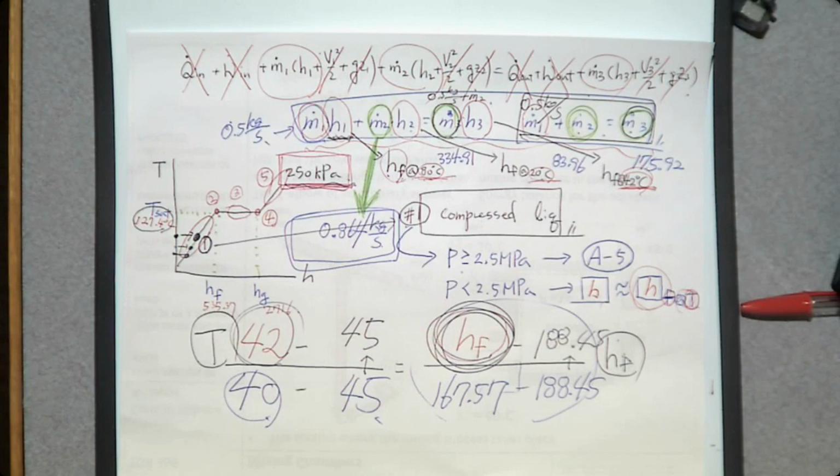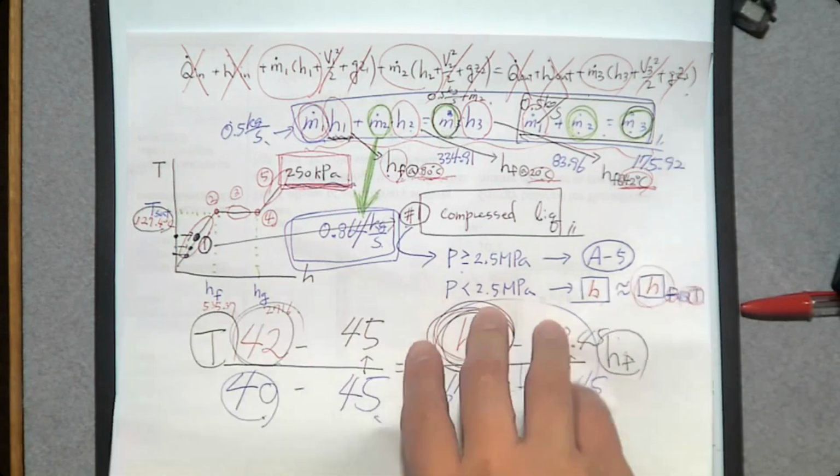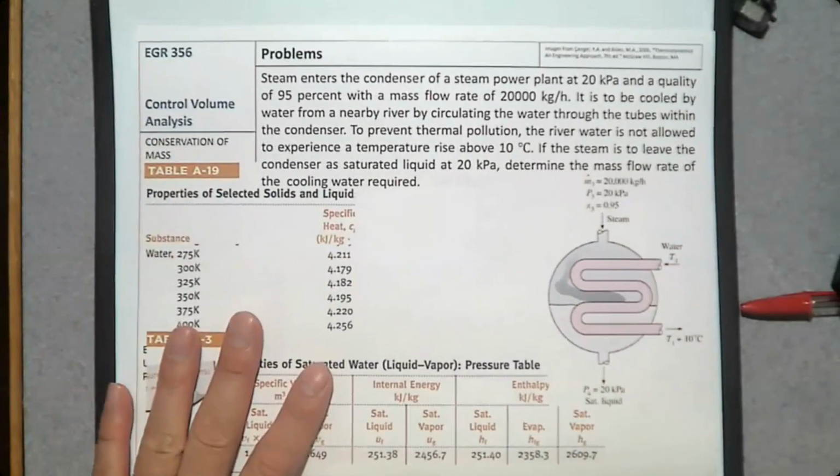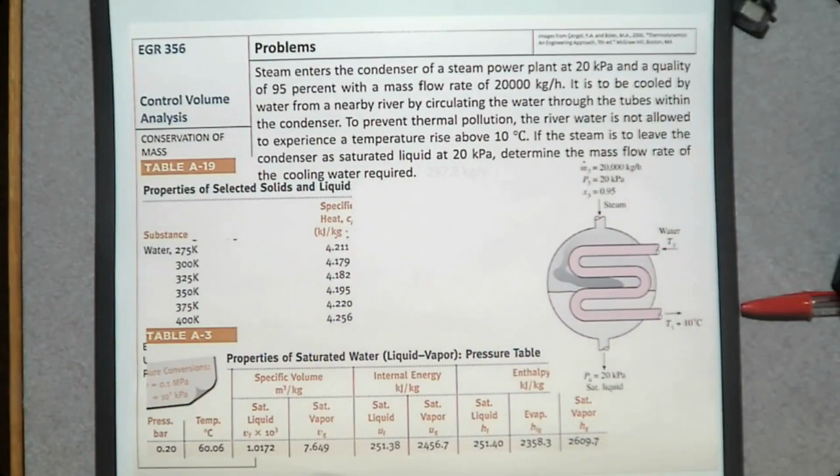Okay, I have one more problem, which is heat exchanger. By the way, there are many thermodynamic devices that we studied in chapter 4 in EGR456, but we only study mixing chambers and heat exchangers because these are the ones that we study in Thermo 2.